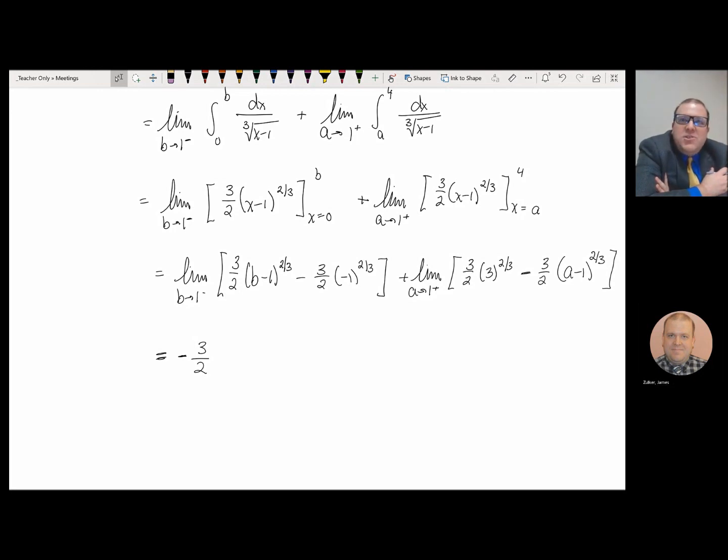For the second limit, that first term again is a constant. What is 3 to the 2/3? It's the cube root of 9.